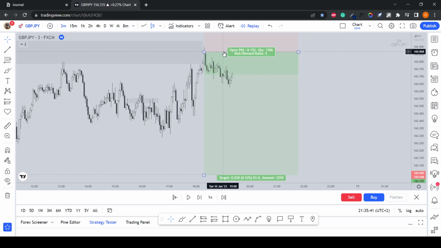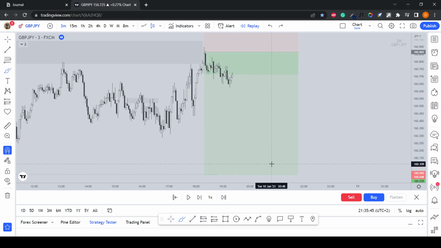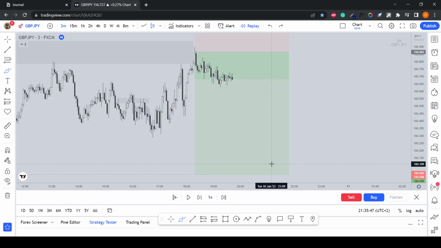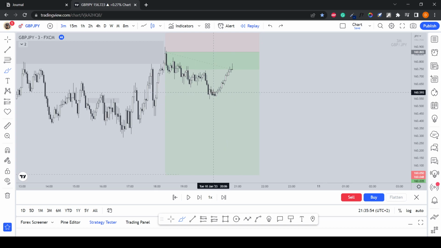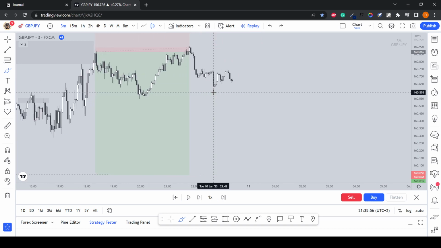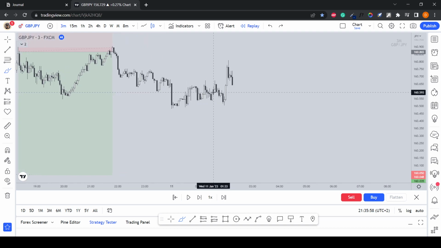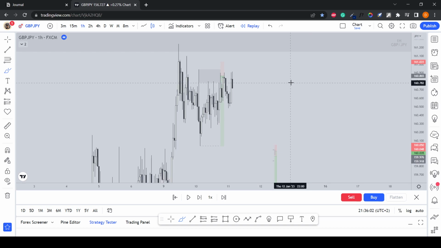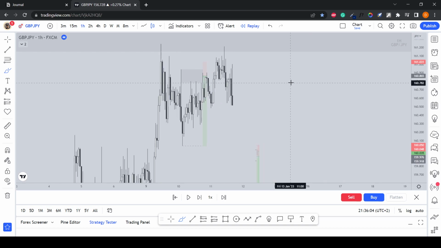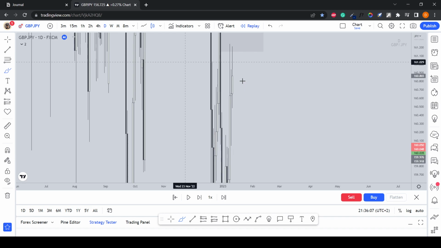I wanted to protect this position and was anticipating this move, which didn't happen. In the end I was stopped out at break even, and the price action continued, and I was still looking for the same zone.